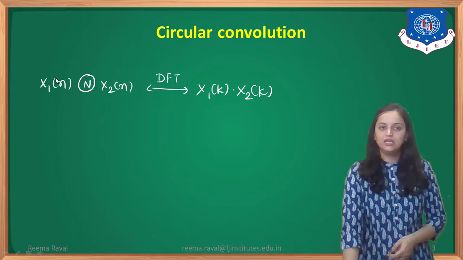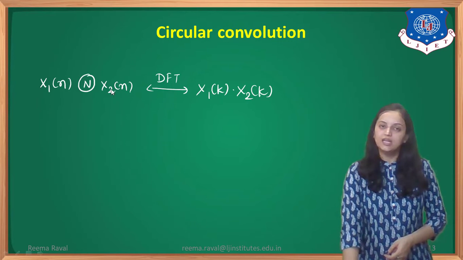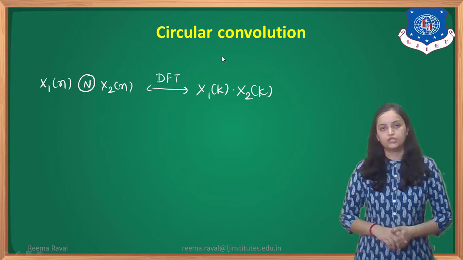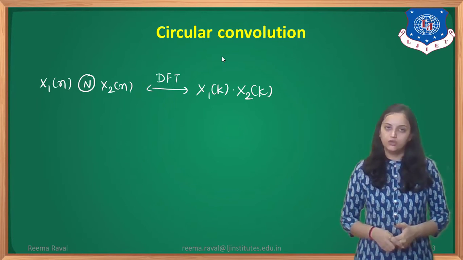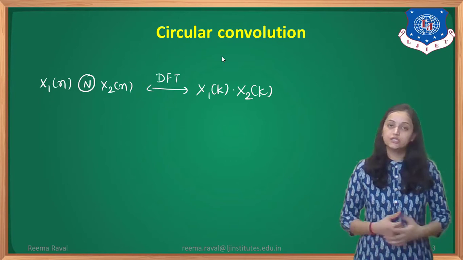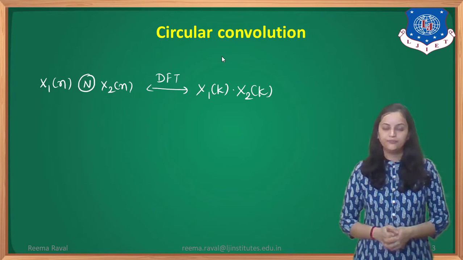That means if we find the DFT for x1 of n, it will give X1 of k. If we find the DFT for x2 of n, it will give X2 of k. If you multiply these, we will get the circular convolution. So this is the property of circular convolution. What is the formula for circular convolution? What are the methods to find circular convolution? That we will see in the next session.